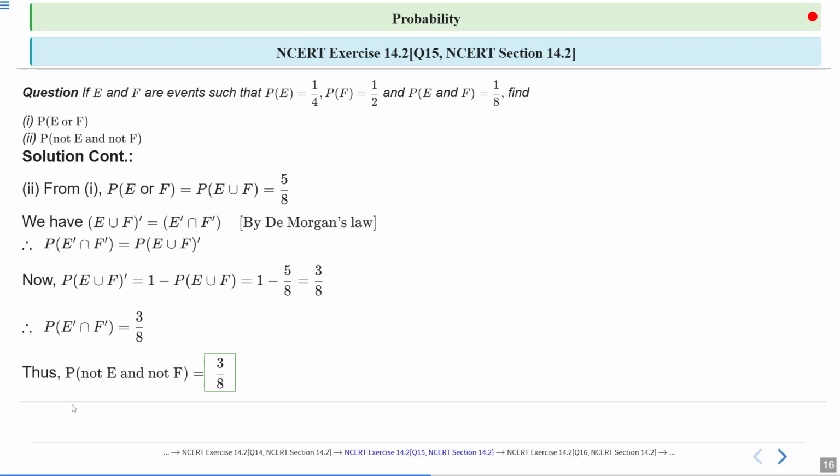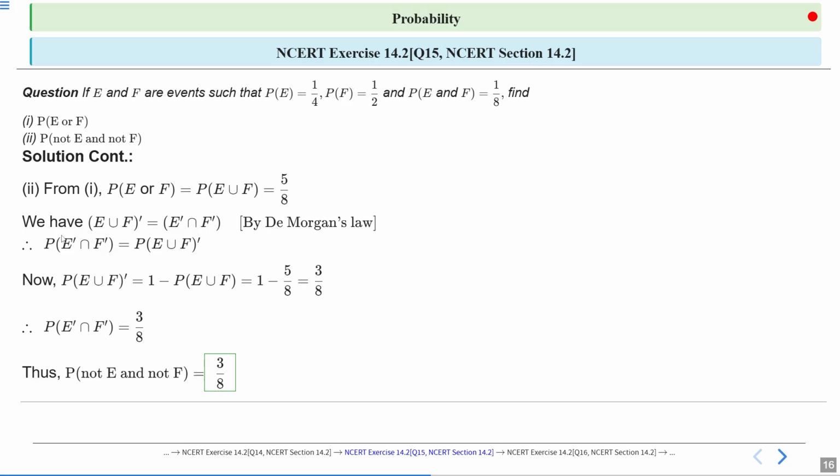Thus probability of not E and not F. Okay, E complement means not E and F complement means not F. Okay, and intersection means and. Okay, so probability of not E and not F is equal to 3 by 8.